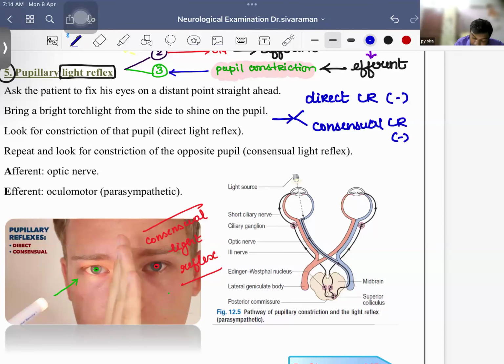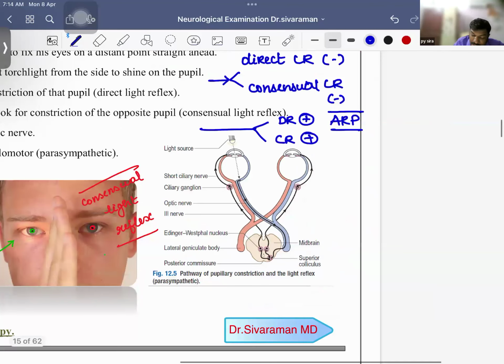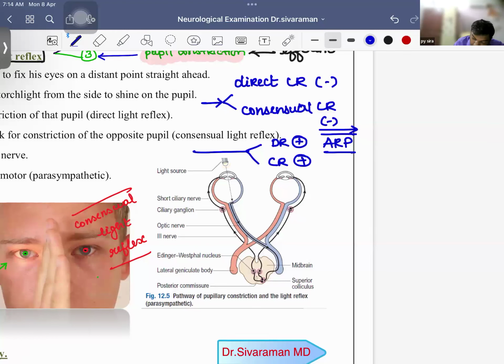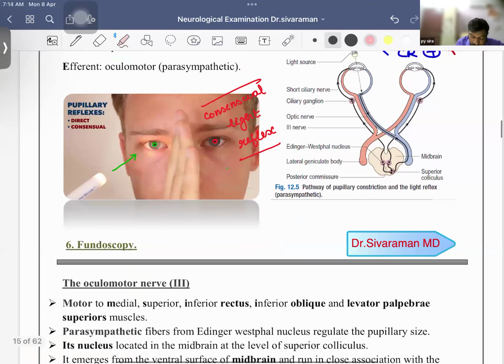In the other eye, the direct reflex is present, and the consensual reflex is present. This is called Argyll Robertson pupil, where the accommodation reflex is present and the pupillary reflex is absent. This is a very, very important thing.